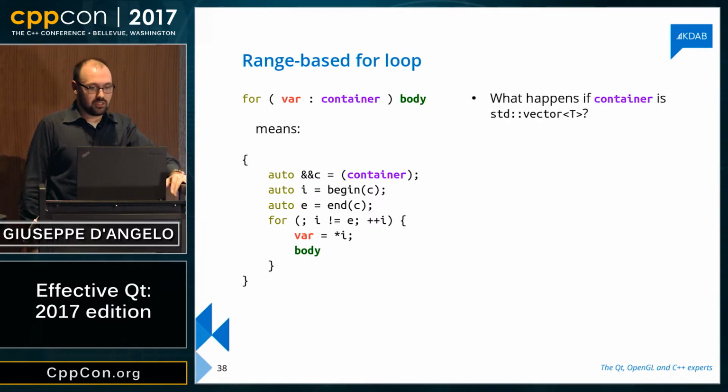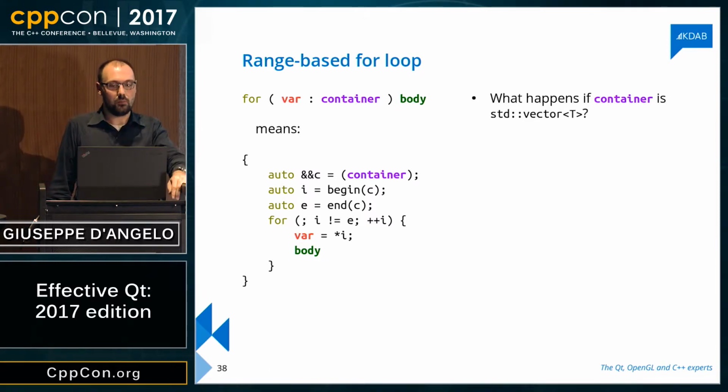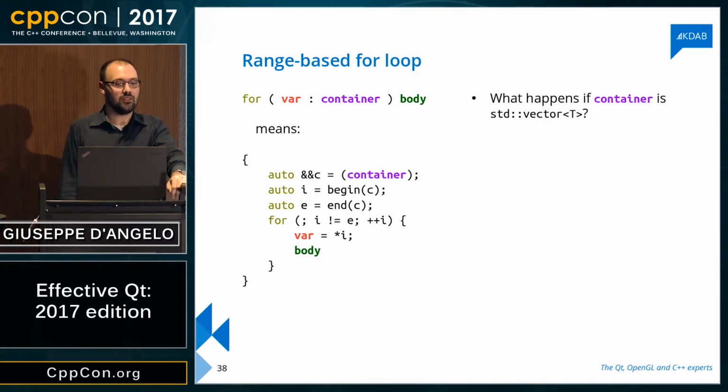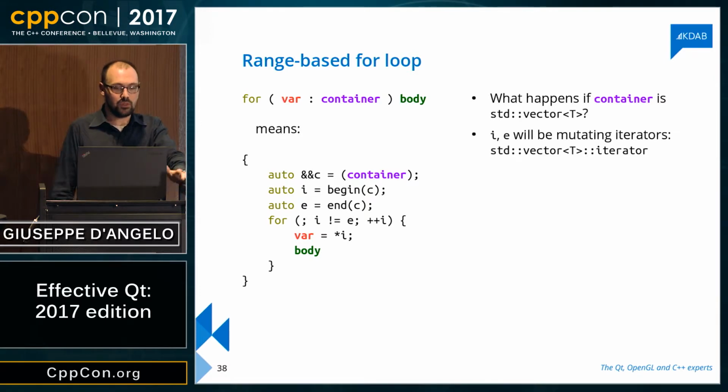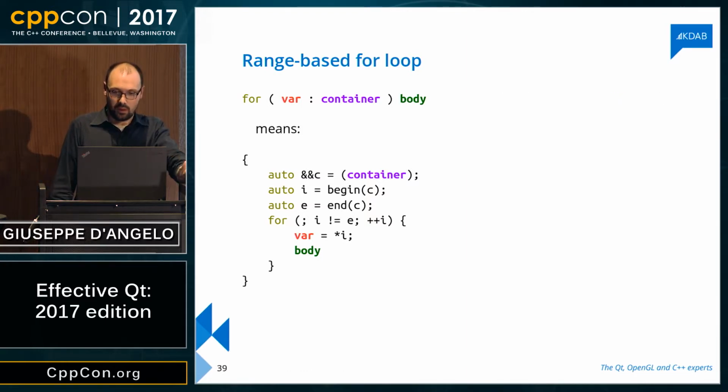So let me ask, what happens if a container is, for instance, a standard vector of objects T? In this case, c is going to be a non-const reference to standard vector T, and i and e, the iterators, are going to be mutating iterators. So now I can mutate the original container from within the loop. That's great.